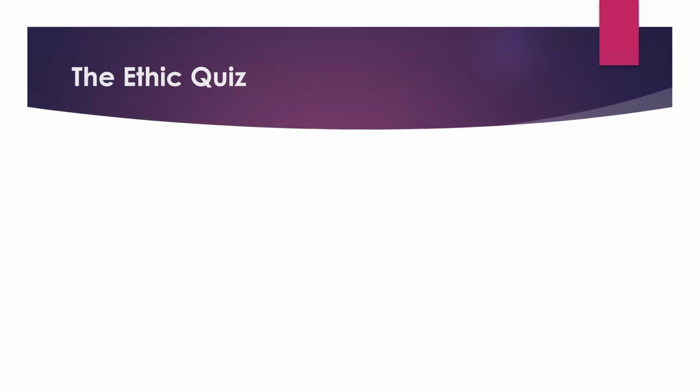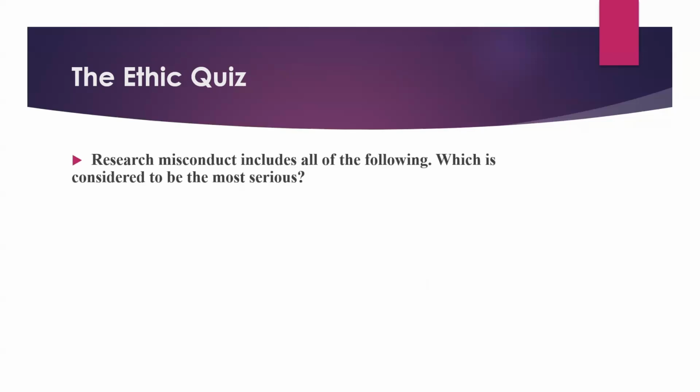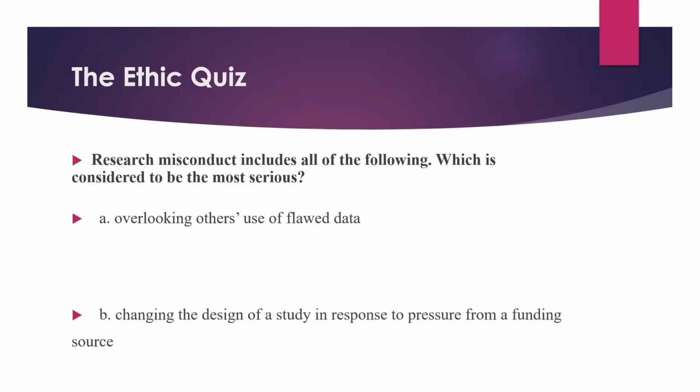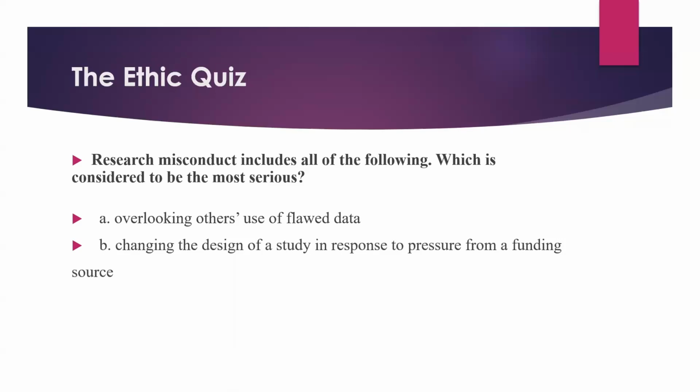The first question is, research misconduct includes all of the following. Which is considered to be the most serious? Is it A, overlooking others' use of flawed data? B, changing the design of a study in response to pressure from a funding source?